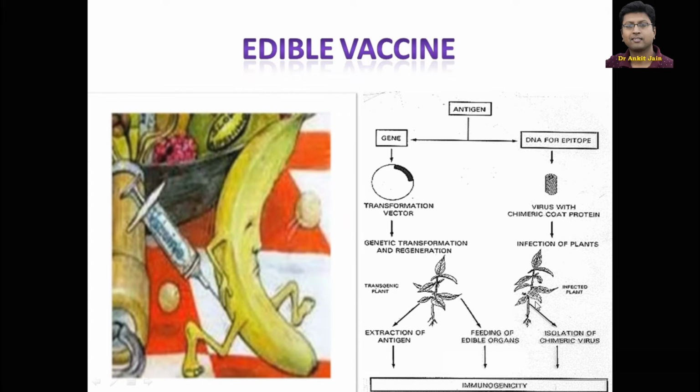This whole plant is either extracted or isolated, and these viruses are directly given as a vaccine to the animals, or otherwise the viruses or the plasmid is extracted from the plant, and this plant extract is given to the animal, or either the whole plant is fed to the animal.